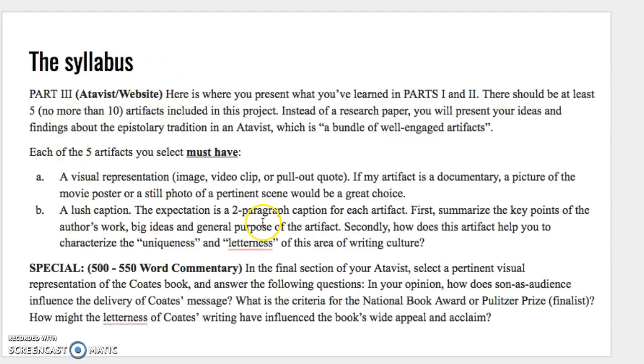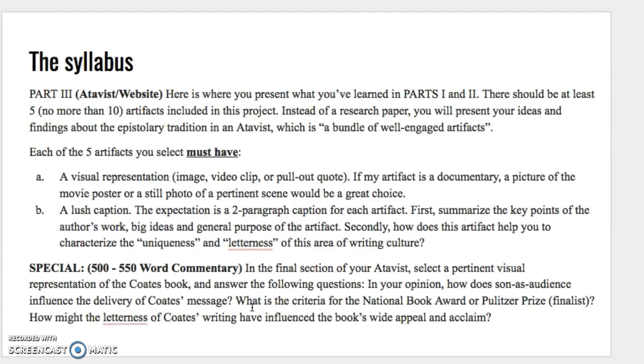And then with regard to the book, which was born from a letter, you have a short commentary. So it would be the equivalent of 2 pages, which is very little for a 300 level course, but it's sufficient for this project.